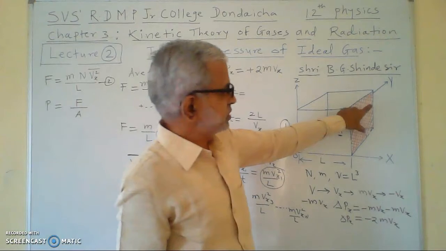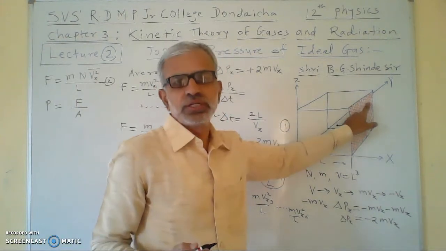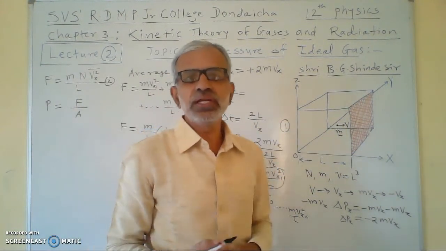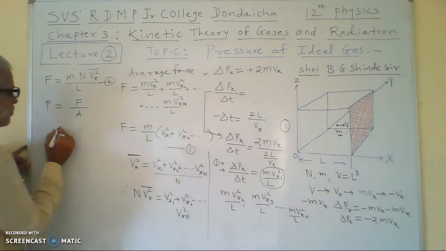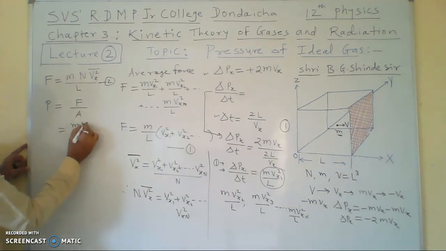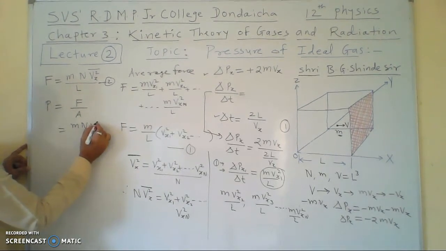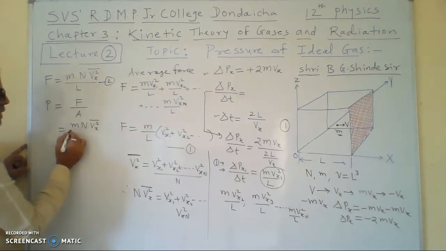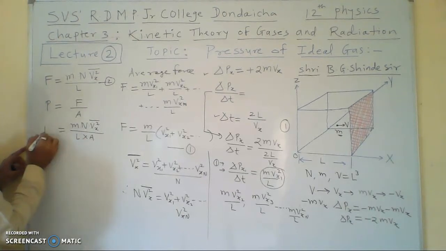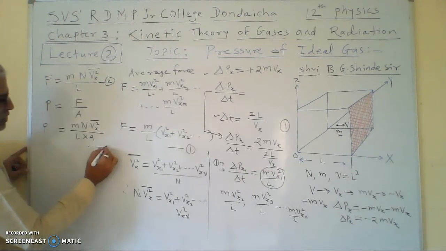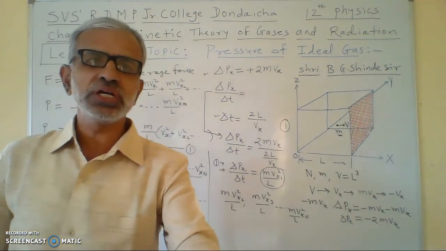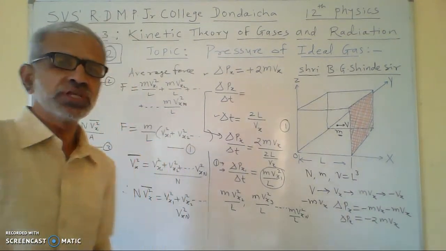The area of this shaded portion, the area of this side, and it is denoted by capital A. So this is equal to, now put the value of F, m n Vx square bar divided by L into A. This is the pressure, and say this is equation number 3. This is the formula of the pressure.